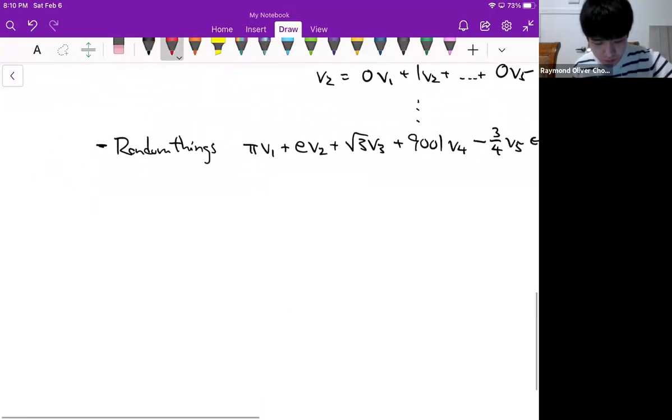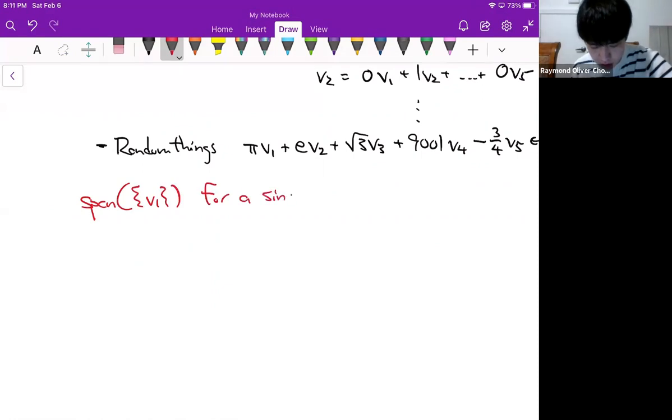So, the span of V1, for a single vector V. Here, let's erase the subscript 1. Okay, so let's look at the span of a single vector V, and what does that mean, right?